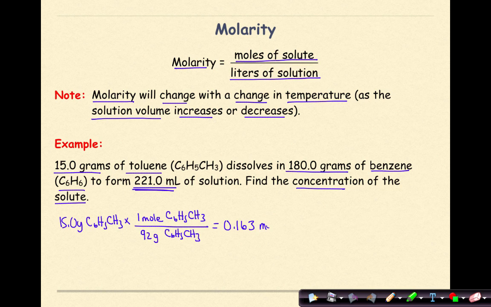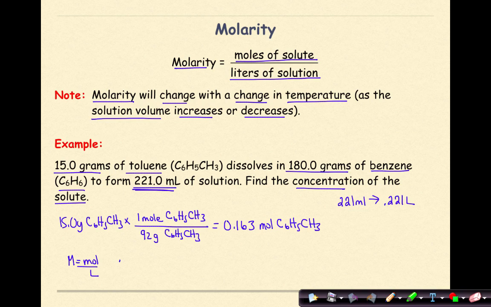And if we work this out, we get 0.163 moles of toluene. Now we need to recognize that our 221 milliliters of solution really needs to be in liters. So if we convert that over, we're going to have 0.221 liters. So now we're going to say molarity is equal to moles over liters.